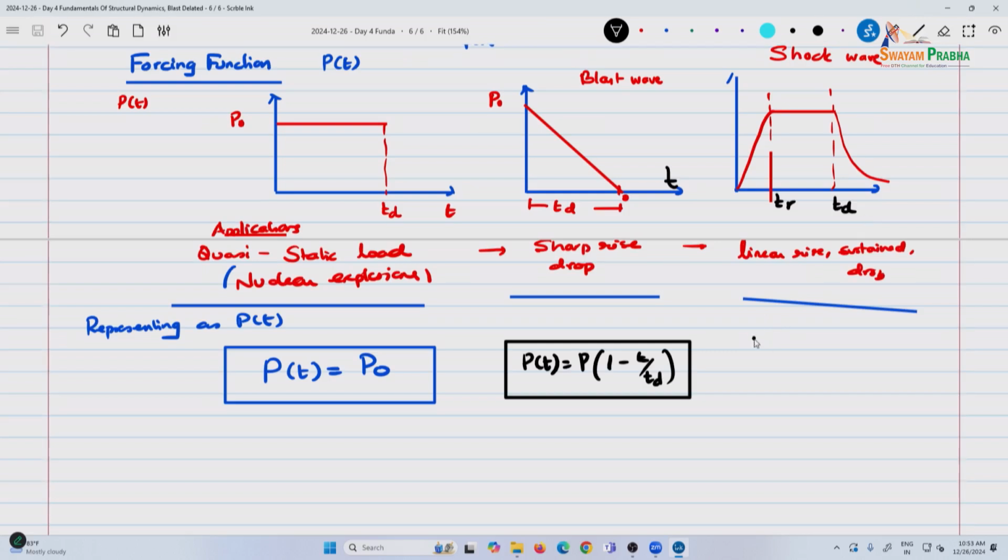In this case, anybody wants to take a shot? Let us say this is P naught. How would you represent this function?